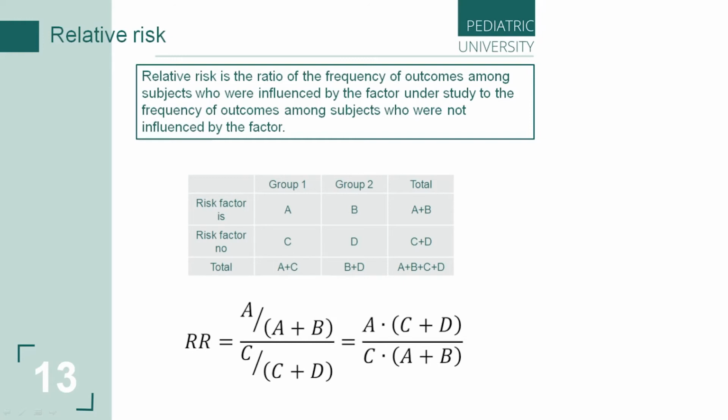What is relative risk? Relative risk is the ratio of the frequency of outcomes among subjects who were influenced by the factor under study to the frequency of outcomes among subjects who were not influenced by that factor.